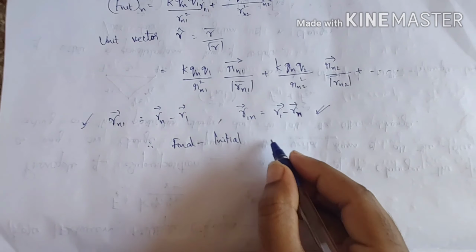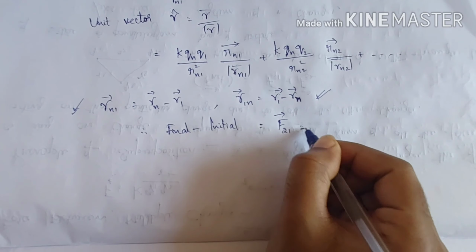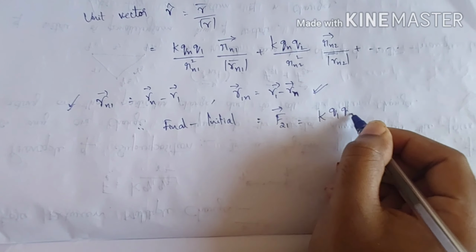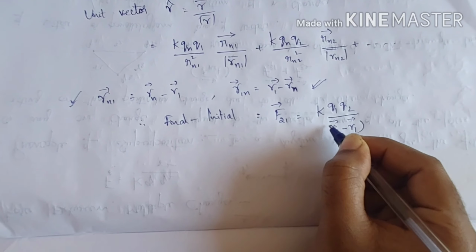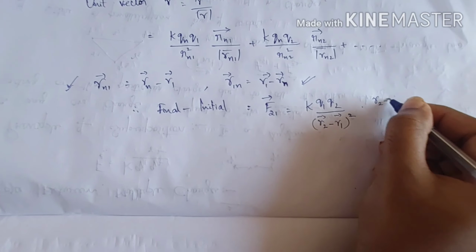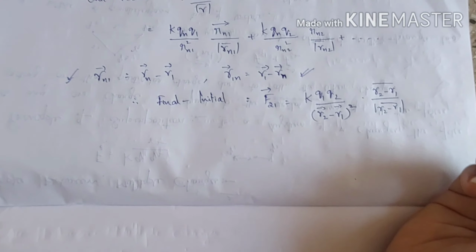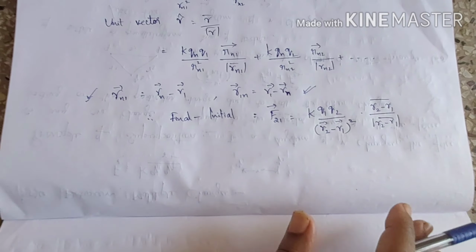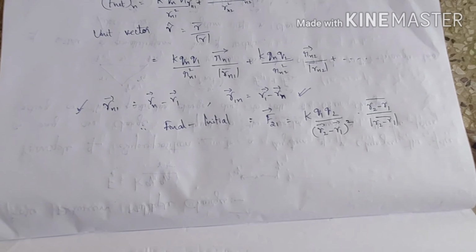If I am taking the force on charge 2 due to 1, 2 is my final and 1 is my initial, right? So it is K Q1 Q2 by final minus initial whole square. In vector form I'll write R2 minus R1 bar by mod of R2 minus R1. Depending on the convention you can choose whether it is n1 or 1n. Able to understand? So this is the principle of superposition, which is used to calculate the force due to multiple charges.